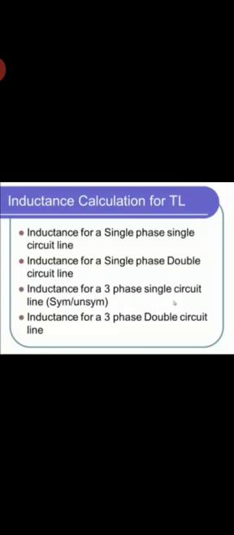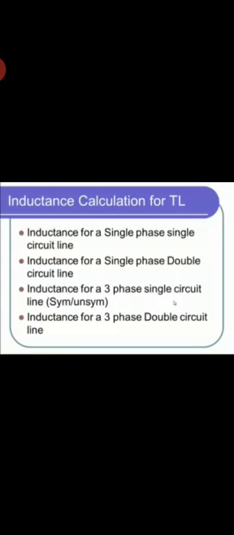Then inductance for a single phase double circuit line, then inductance for a three phase single circuit line, symmetrical or unsymmetrical, then inductance of a three phase double circuit line. So these many calculations we have to do for the inductance.